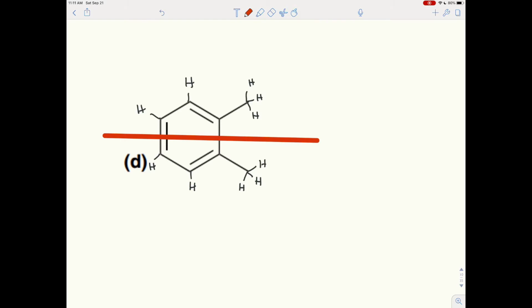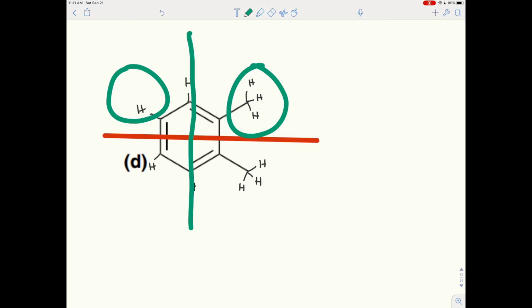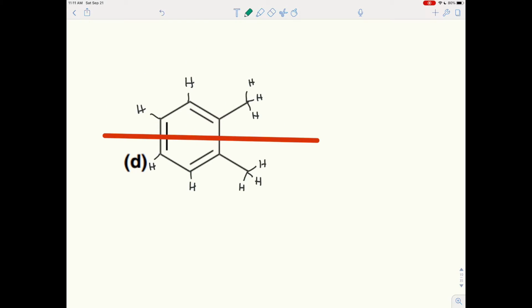There are no other lines of symmetry. For example, if I tried to do one going up and down, you'd notice that this methyl group has nothing to the left of it that's the same. So we only have one line of symmetry in this molecule. That's the orange one. So everything on the opposite sides of that line of symmetry will be in the same environment.